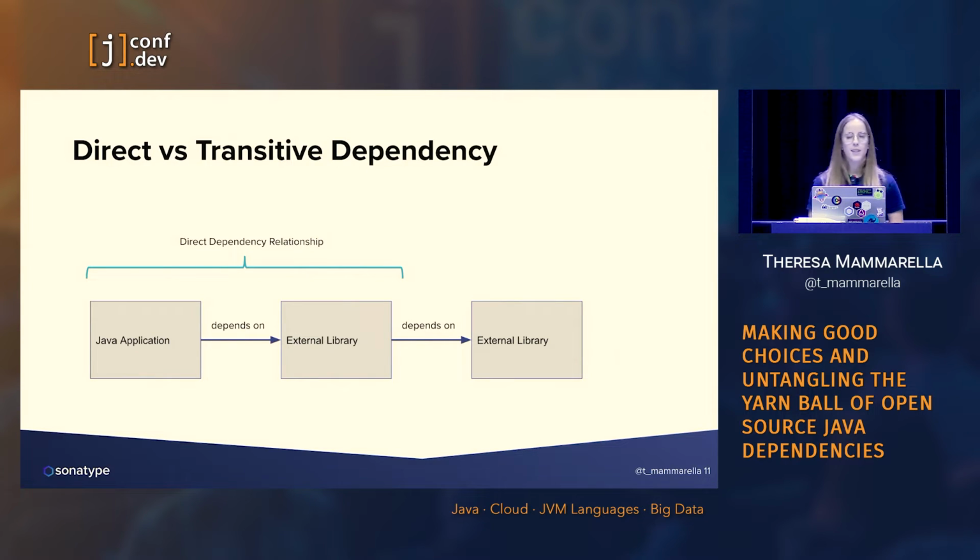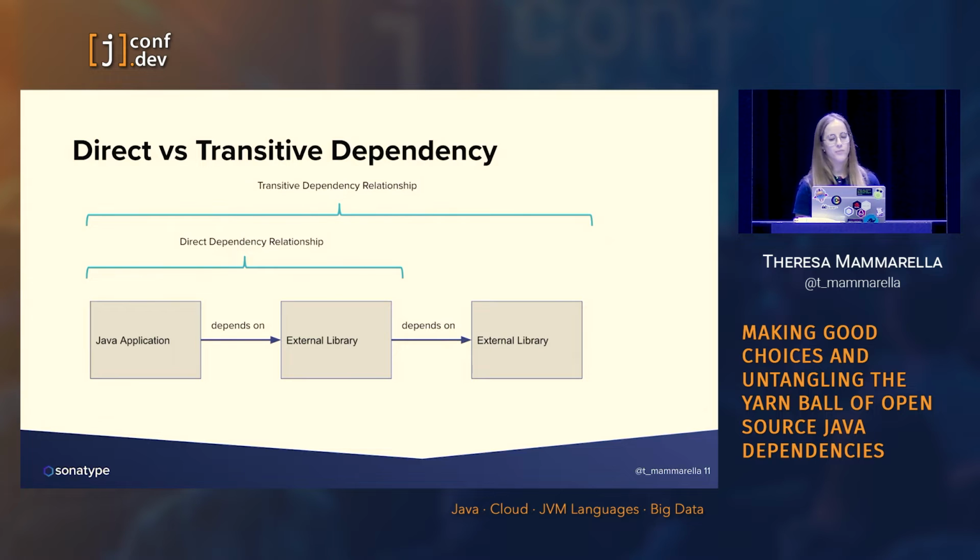A transitive dependency gets pulled in by those libraries that an application may be using. And because of the way build tools help us abstract this problem away, it can be difficult to identify that they're there or really even care about them, just because it's been made pretty easy for us not to.